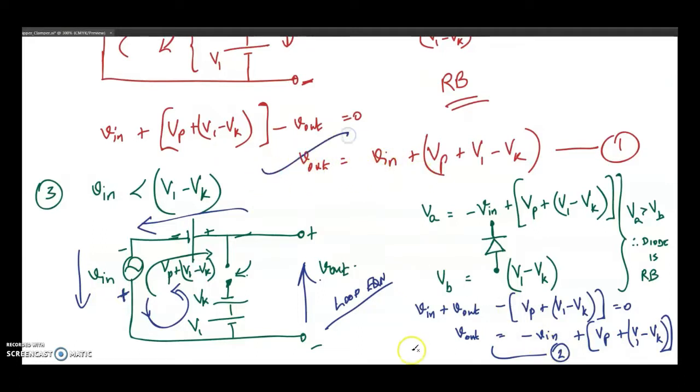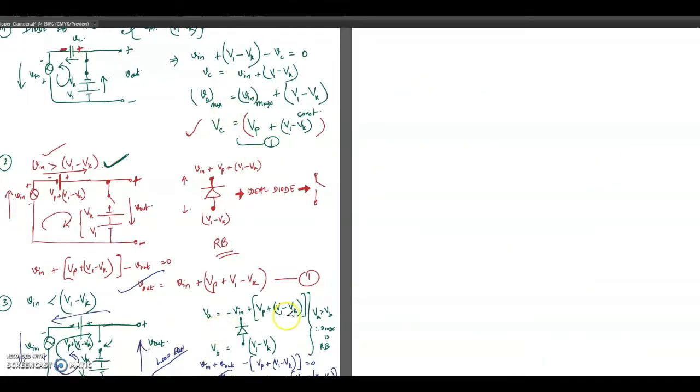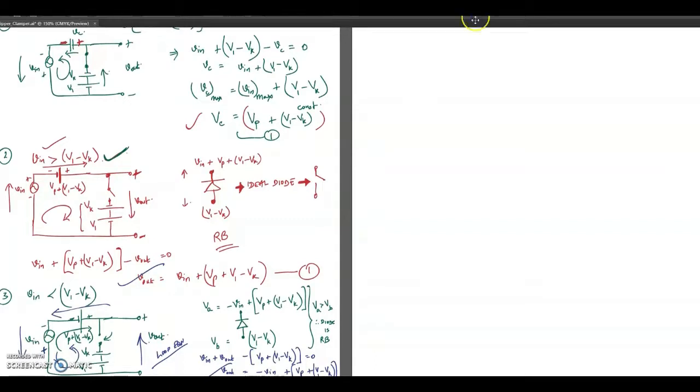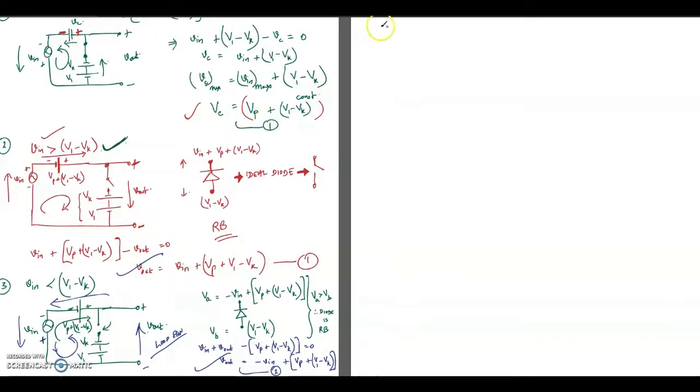Combining equations 1 and 2, you can generalize the output equation for the positive biased clamper. Let's now combine these two equations for a general equation. The general equation for the positive biased clamper, combining 1 and 2, I can write Vout equal to Vin plus Vp plus V1 minus Vk for Vin greater than V1 minus Vk.